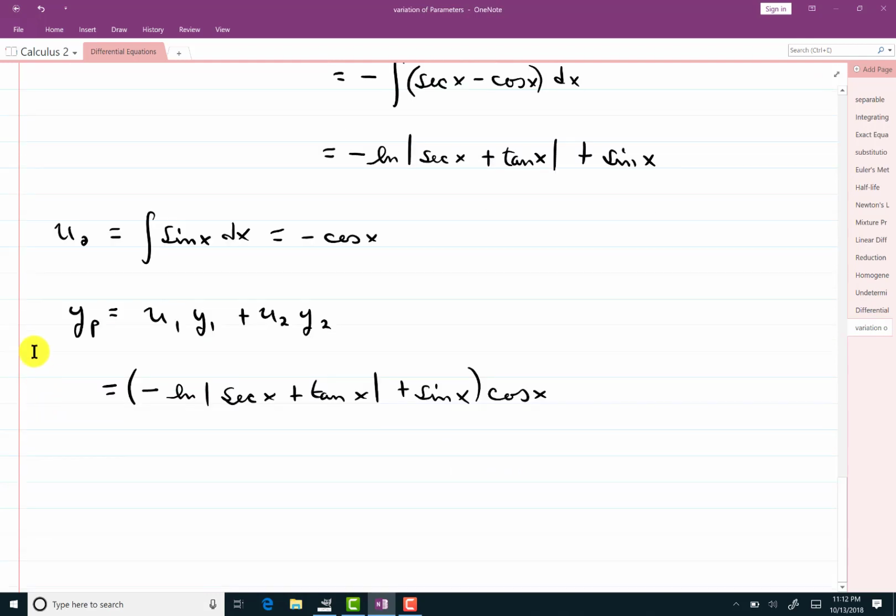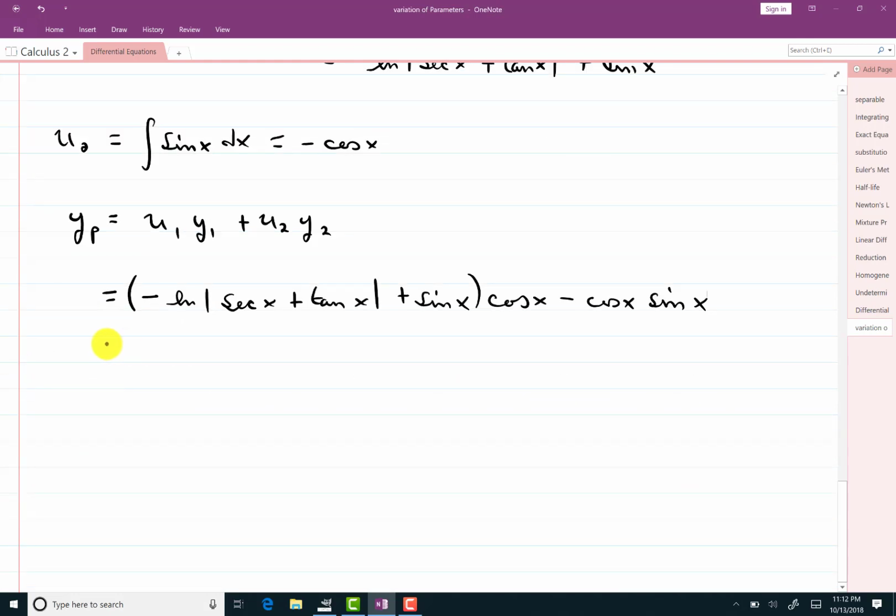And then u2 was simply negative cosine of x times sine of x with y2. So nicely, the sine of x cosine of x cancels, and we're left with just negative ln secant of x plus tangent of x. And remember, this is just y sub p.